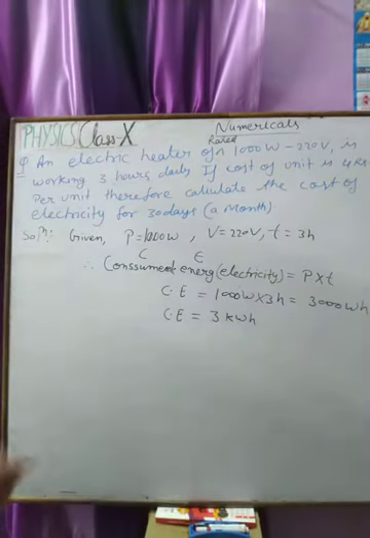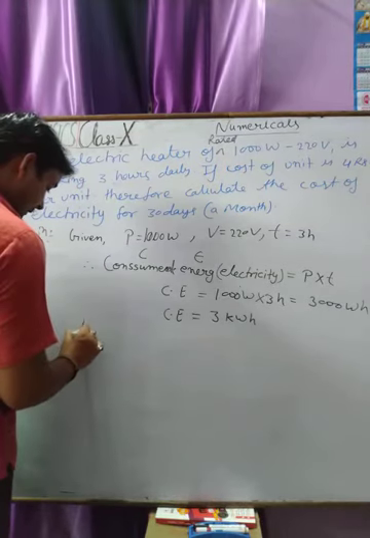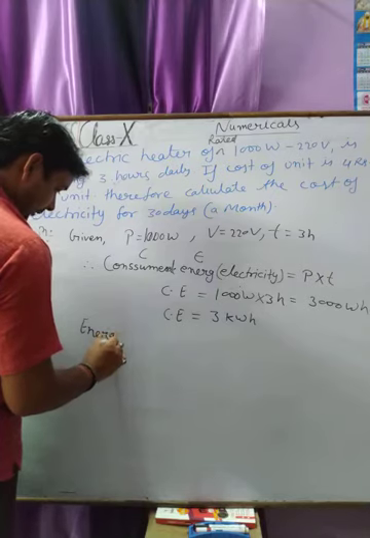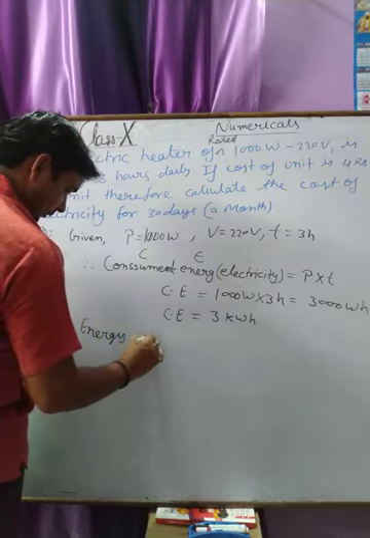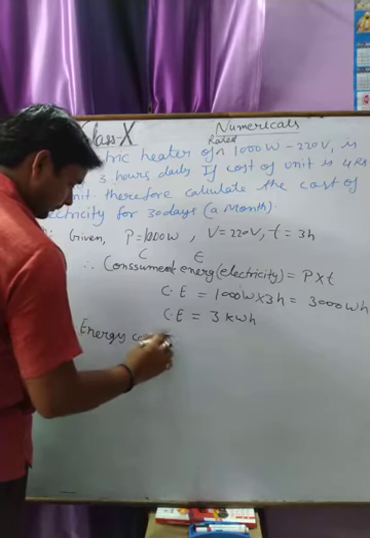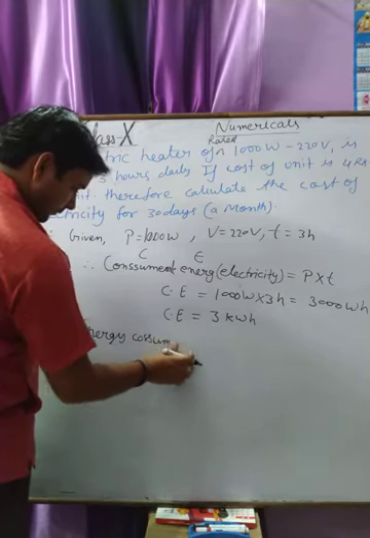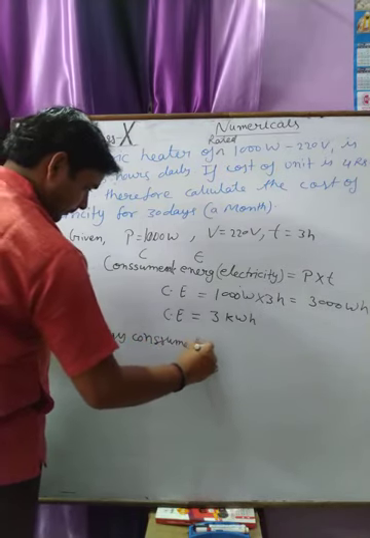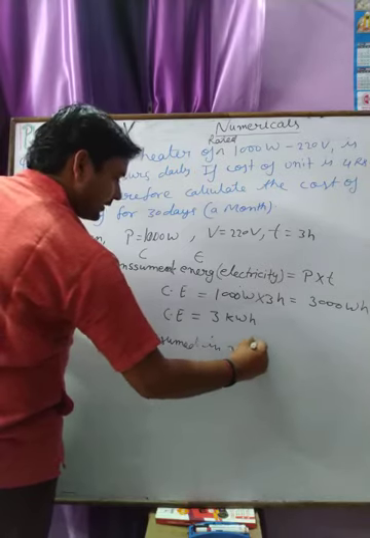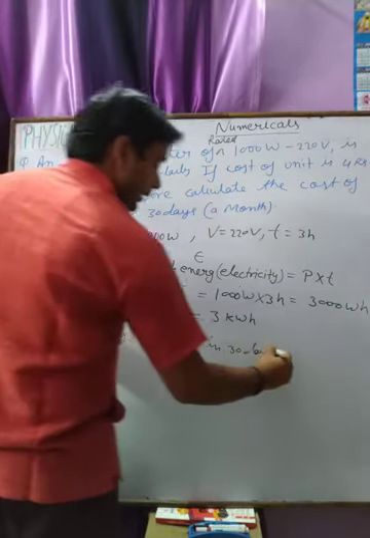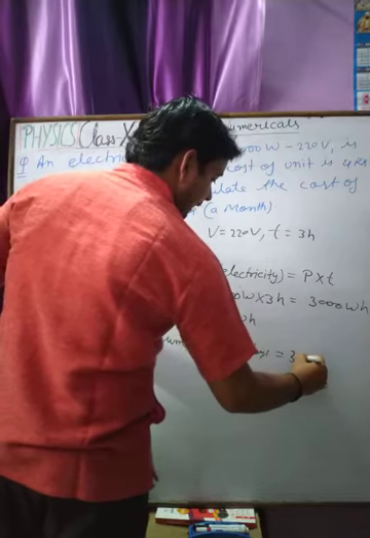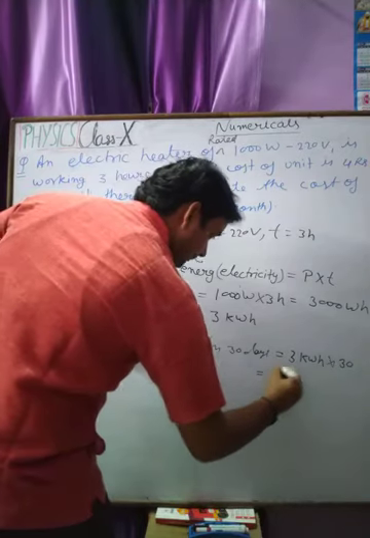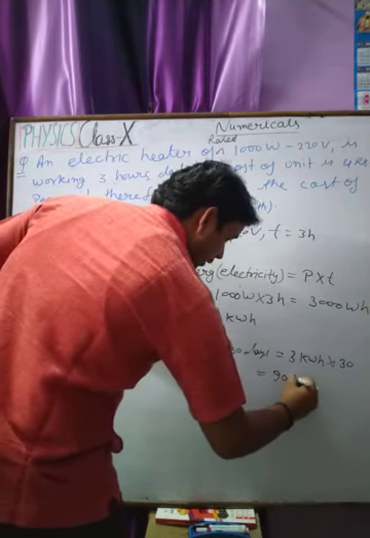Okay, now energy consumed in 30 days. It will become 3 kilowatt hours into 30, which will be 90 kilowatt hours.